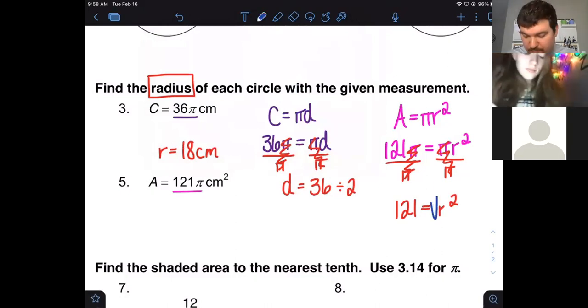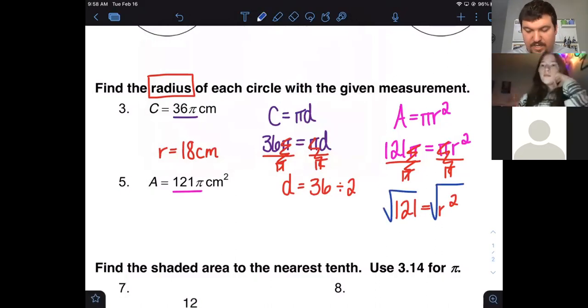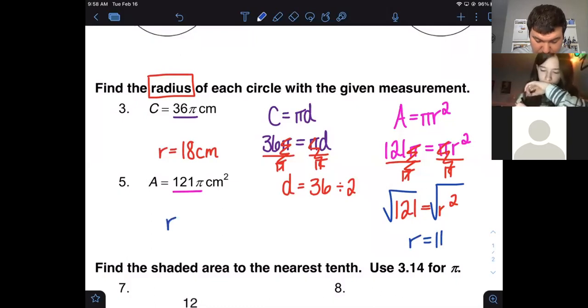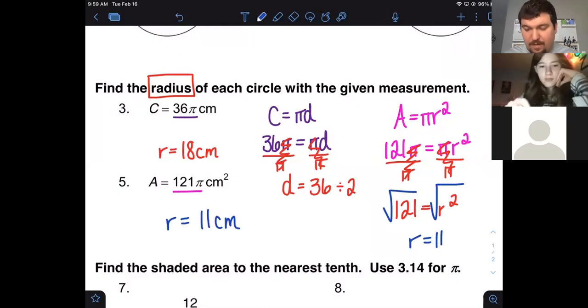It's called the square root button. If you do 121 and then take the square root of it, it would just tell you that it's 11 because the square root tells you what number you had to times by yourself. But yeah, 11 times 11. Nice job. So the radius here is going to be 11, which is our answer because it asked for the radius. So 11 centimeters. Nice job. So a little bit more work on that one.